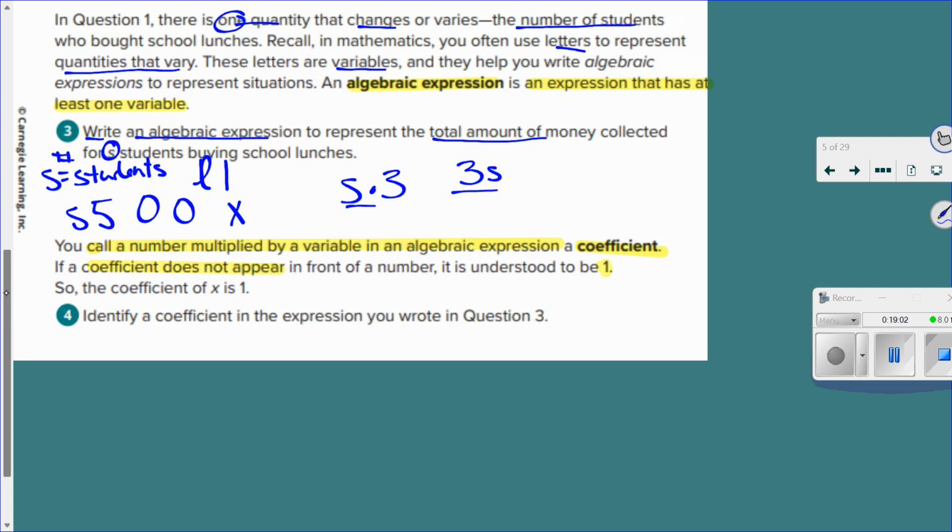And it gets back to what multiplication means. What does multiplication mean? What is the actual operation of multiplication? Repeated addition. So how I write it is actually important.